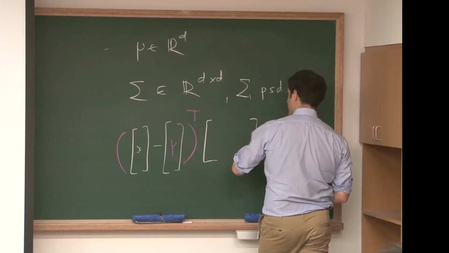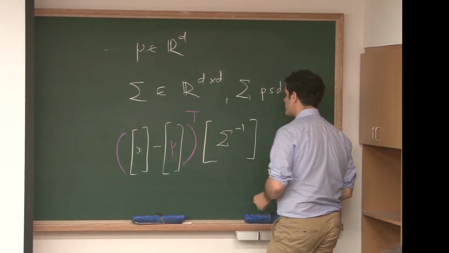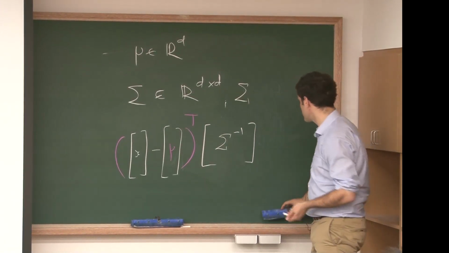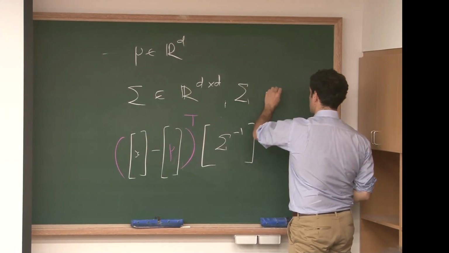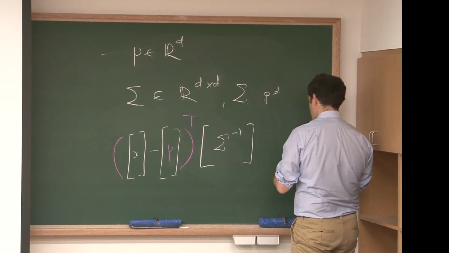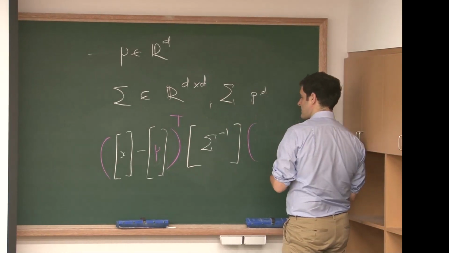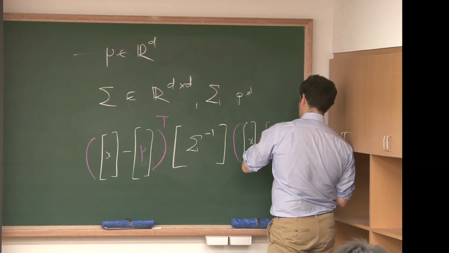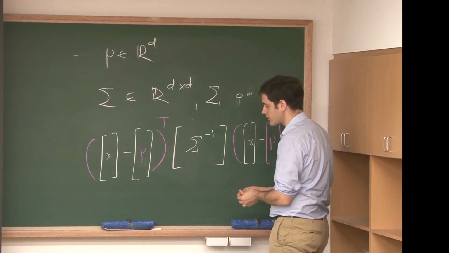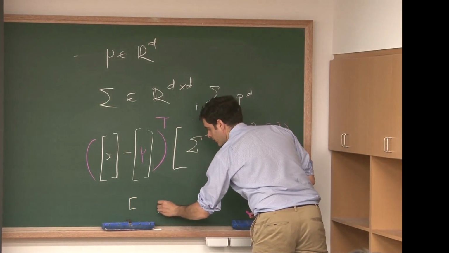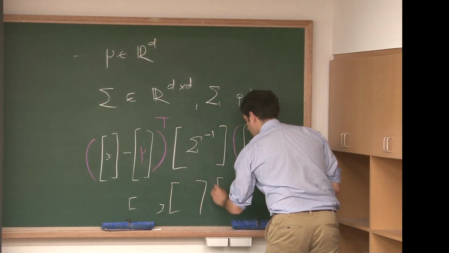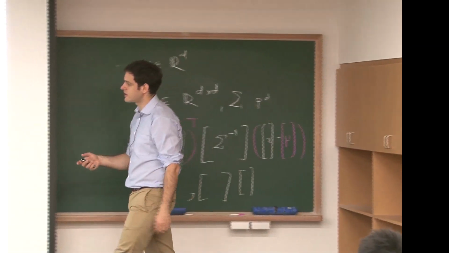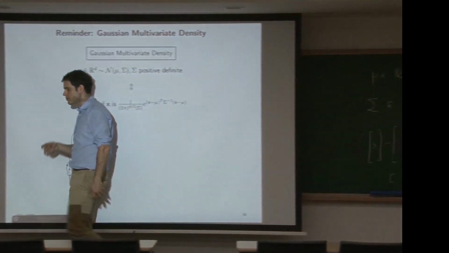Then you multiply it by sigma minus 1, the inverse, which is actually a positive definite matrix. And then you again multiply by x minus mu. This is a number, of course, because we have a row vector times a matrix times a column vector. Then you take the exponential of minus that value, and this will just give you a number.